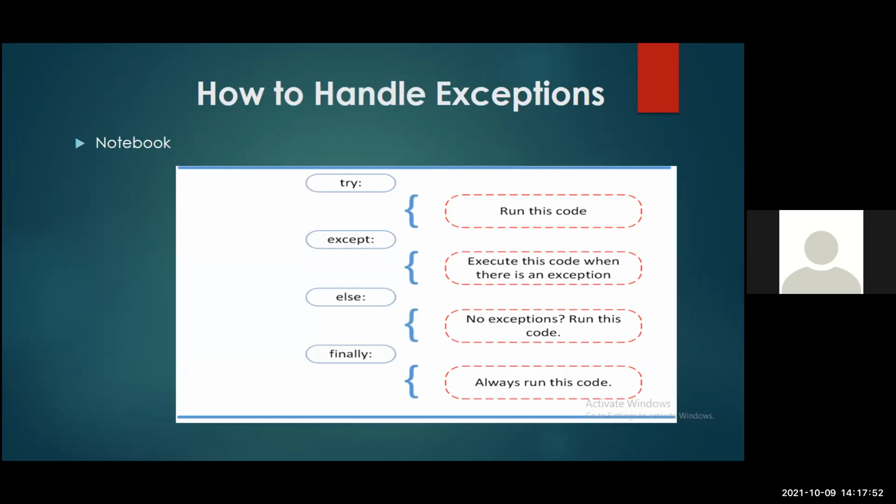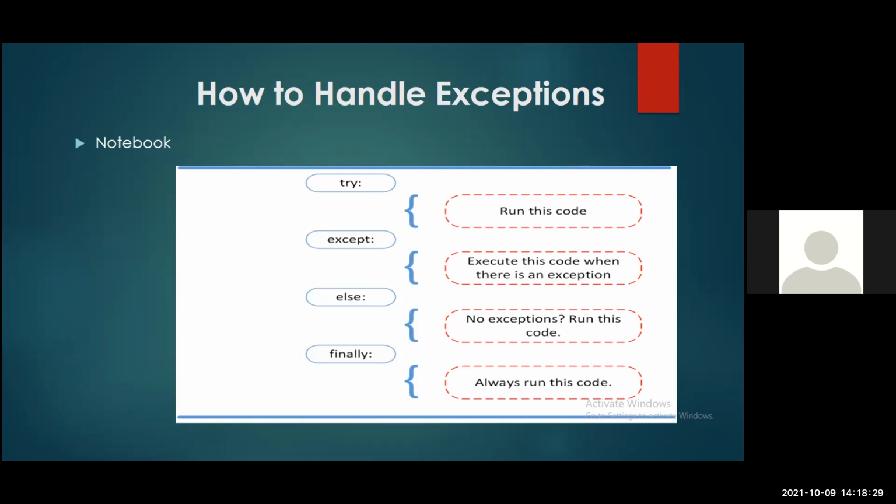So how do we handle exceptions? Basically, we have blocks of code when handling exceptions. When you write a few lines of code, there is definitely a specific output that you have in your head. So you're giving instructions to your computer to do something. But in between that, there is an error that might occur. Maybe you are trying to access something that's not there, or it's not in the right format.